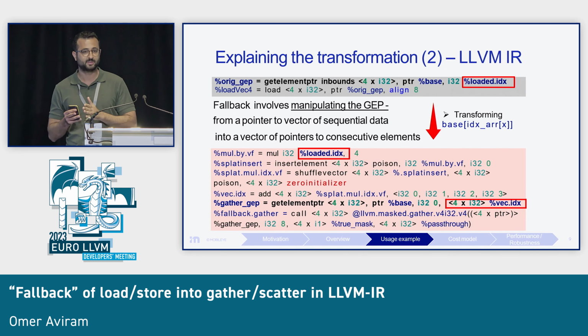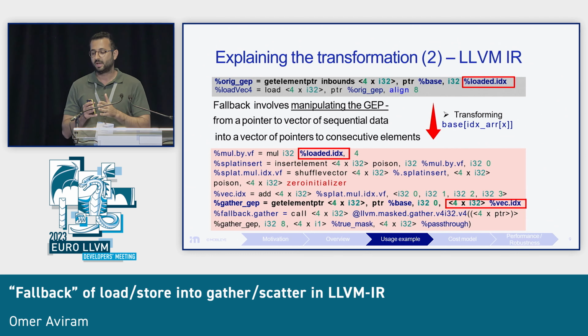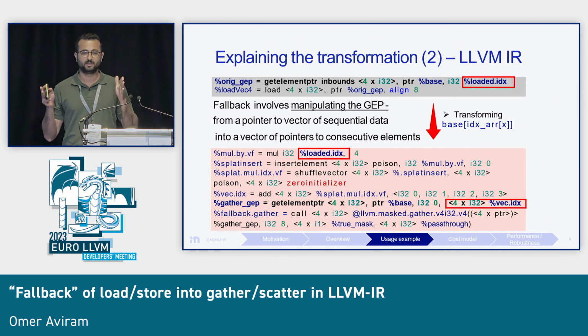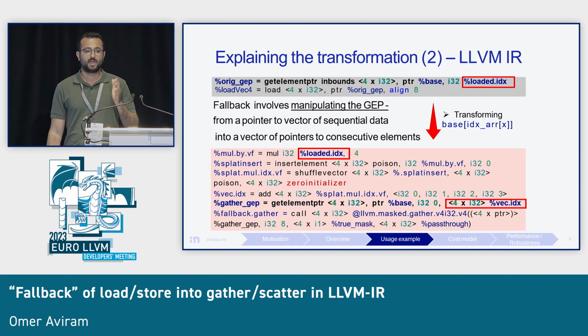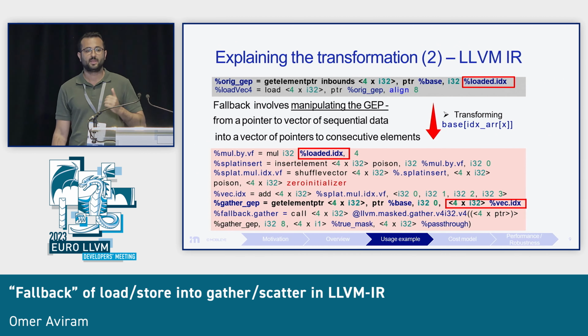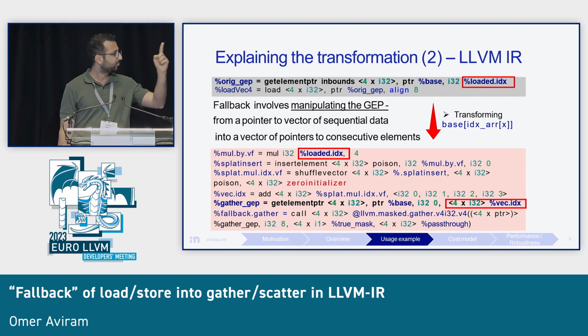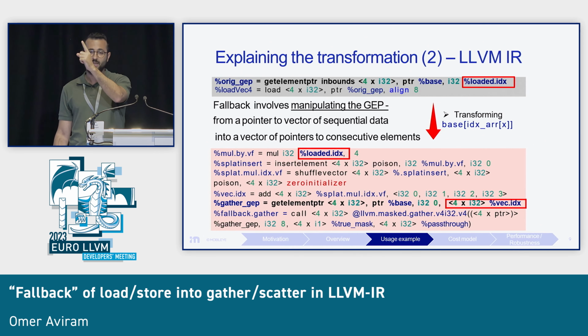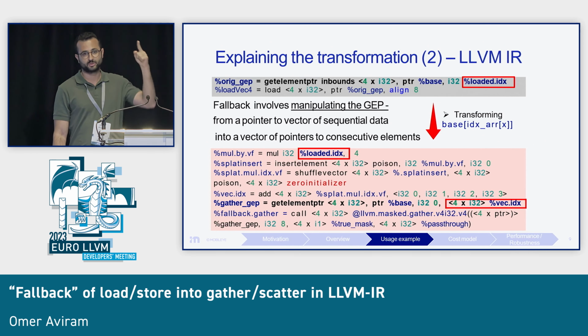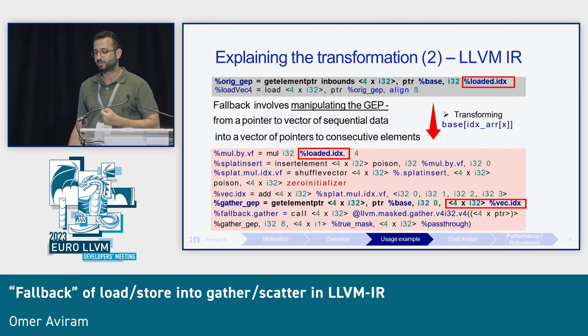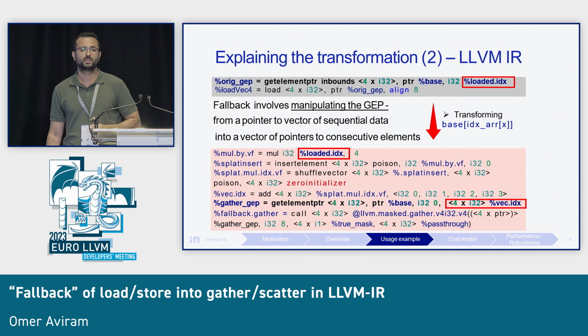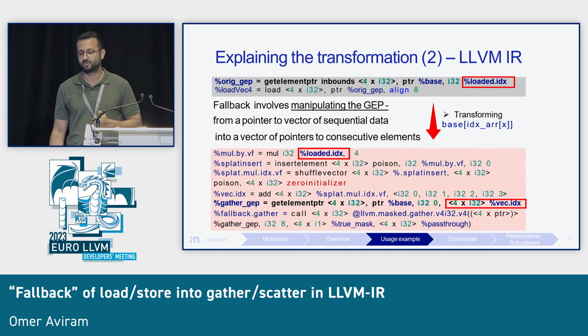How we do it in this example: we first multiply the index by 4, which is the vector size, and then we add a step vector to it. So we get 4 pointers, each pointing to one element of the original vector that was pointed to by the load. And then with this vector of 4 pointers, we can use it in a gather instruction.